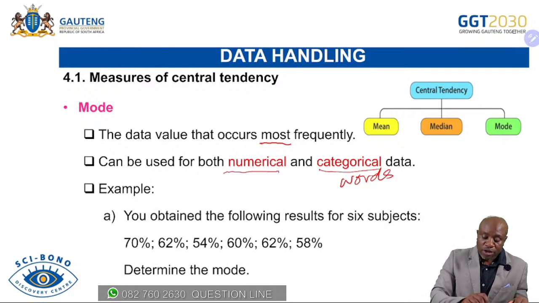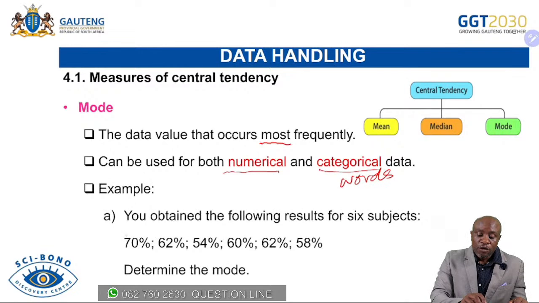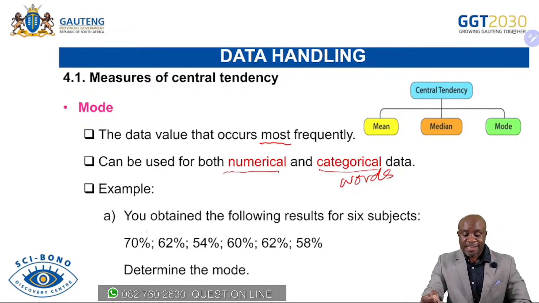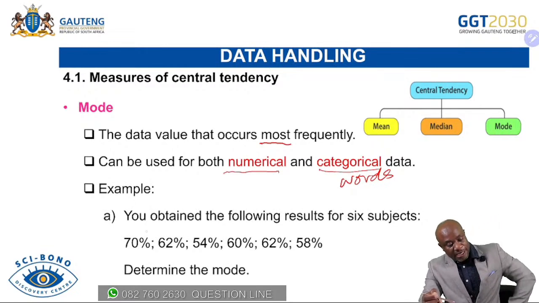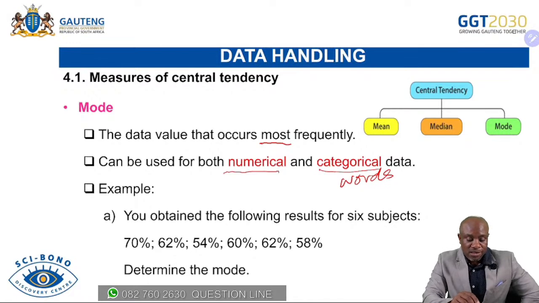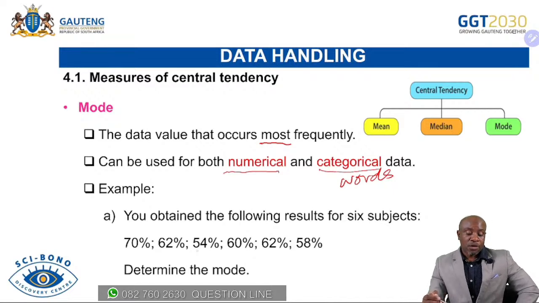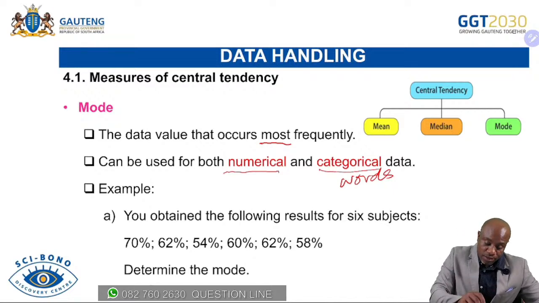And we are going to look at these values now. You have obtained the following results for 6 subjects: 70, 62, 54, 60, 62, and 58. The question is to determine the mode. You remember I said we don't calculate. The question will always say find or determine.